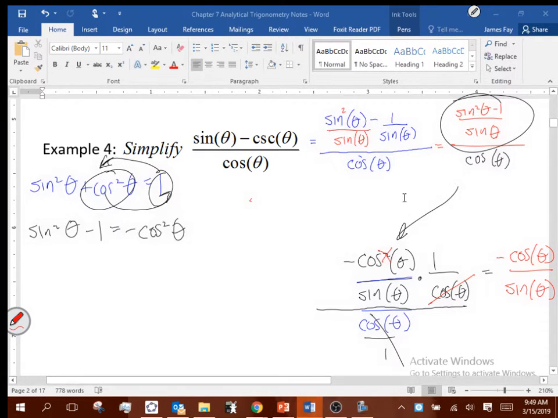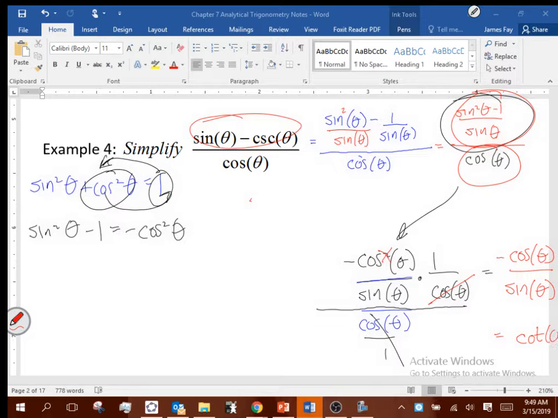We've just transitioned from the difference of two fractions over a fraction to just one fraction over a fraction, and now to just one collective fraction overall. But what is cosine divided by sine the same as? Cotangent. And one's positive and one's negative, so it's negative cotangent.